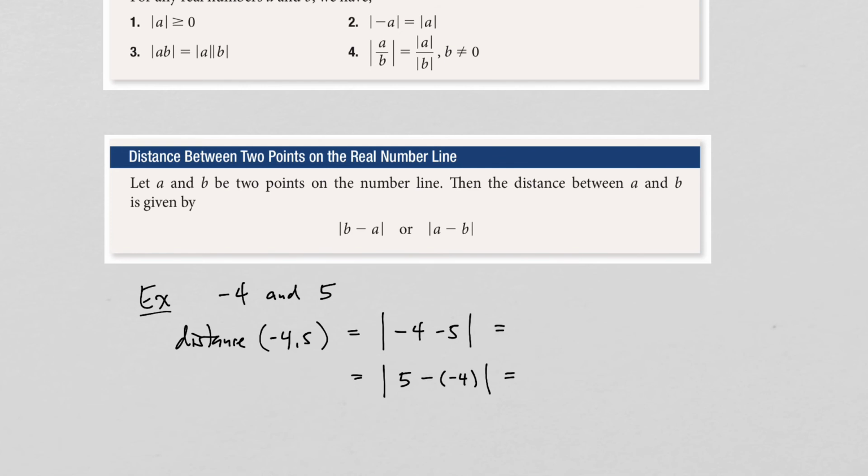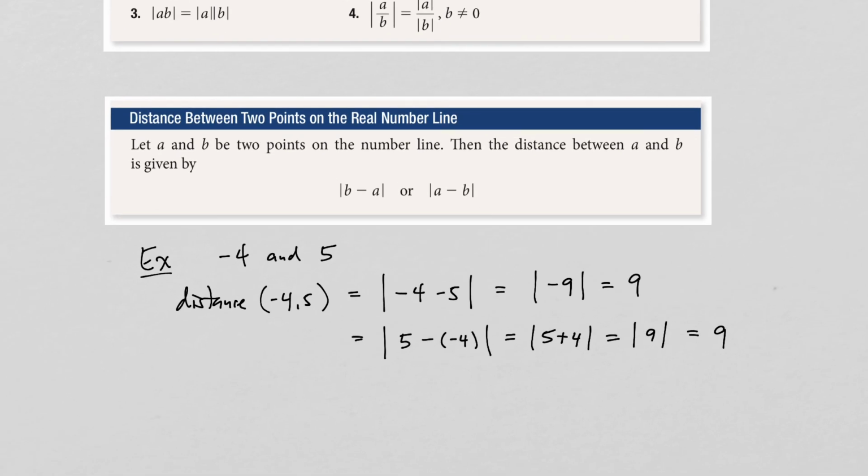So if I do it the first way, I have the absolute value of -4 minus 5, which is -9. And we know the absolute value of -9 is +9. And if I do it the second way, 5 minus -4 is the same as 5 plus 4. And 5 plus 4 is 9. And the absolute value of 9 is 9.